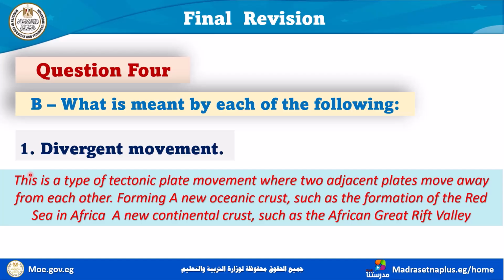The divergent movement is a type of tectonic plate movement where two adjacent plates move away from each other, forming a new oceanic crust, like in case of the formation of Red Sea in Africa, or a new continental crust, like in case of the African Great Rift Valley.